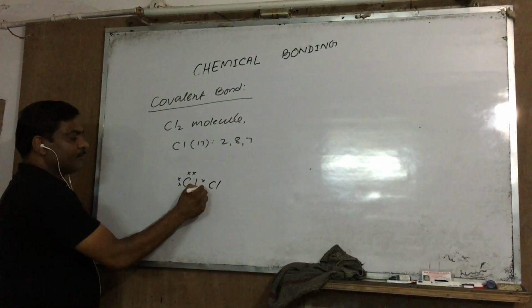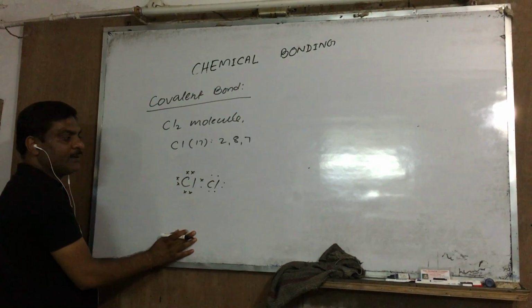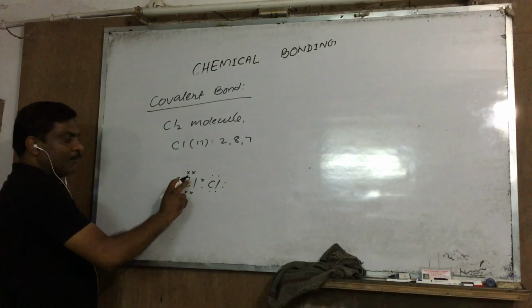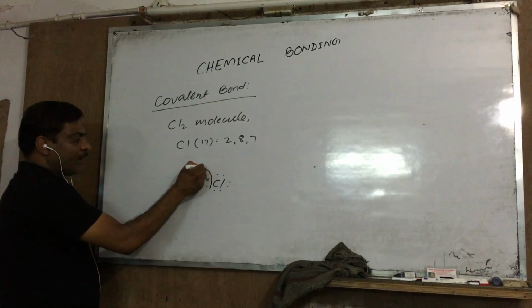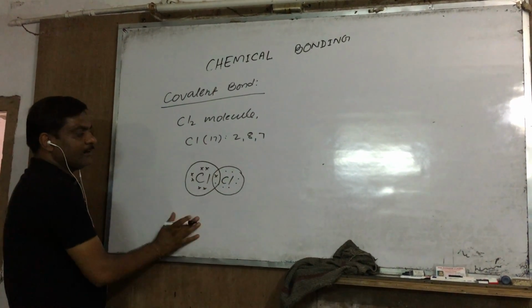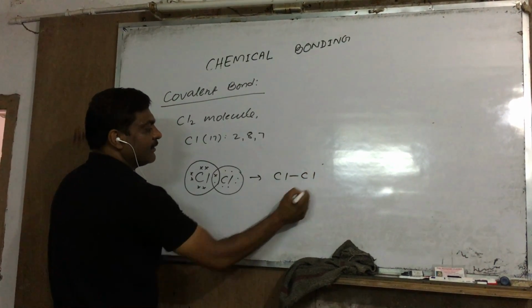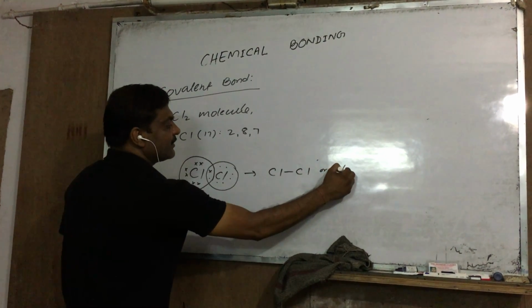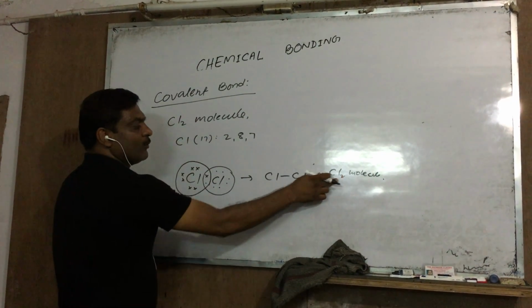Another chlorine atom also has 7 electrons in its outermost orbit. Now, both the atoms will share one pair of electrons between them, and both the atoms will become stable, and this is Cl single bond Cl, or this is Cl2 molecule. This is covalent molecule.